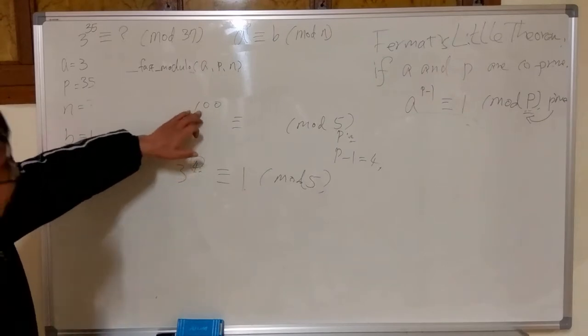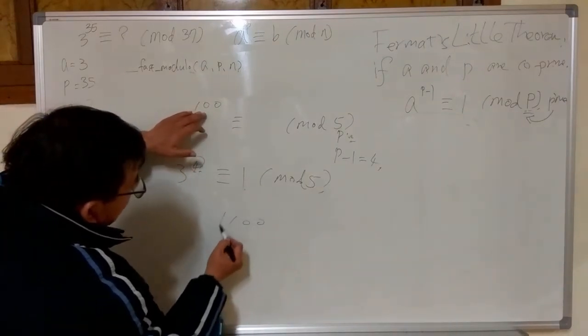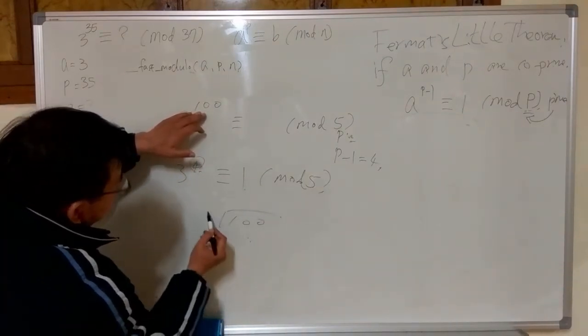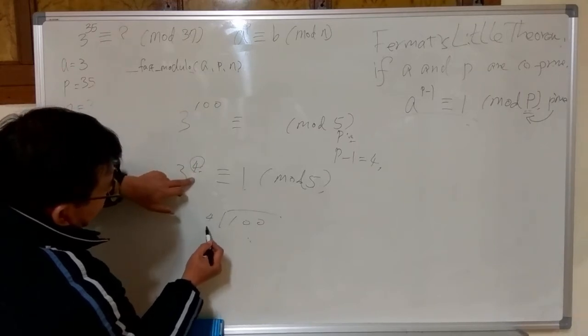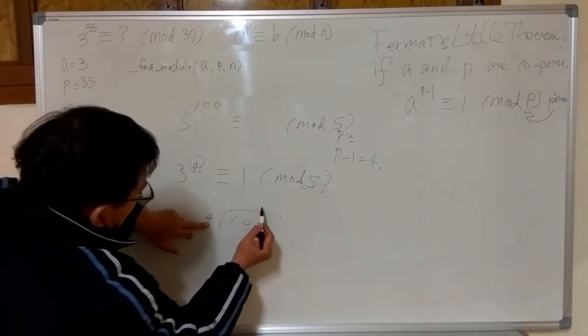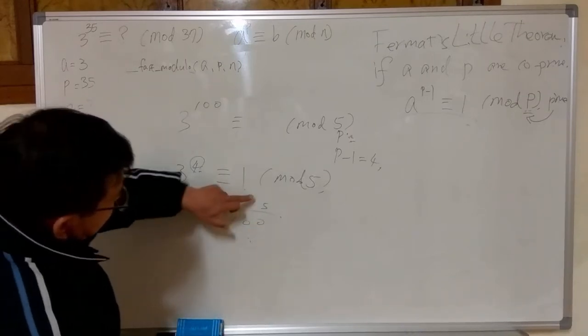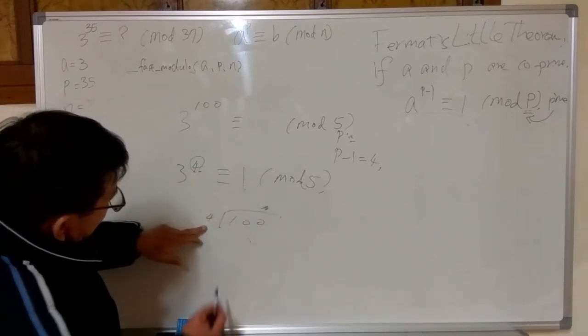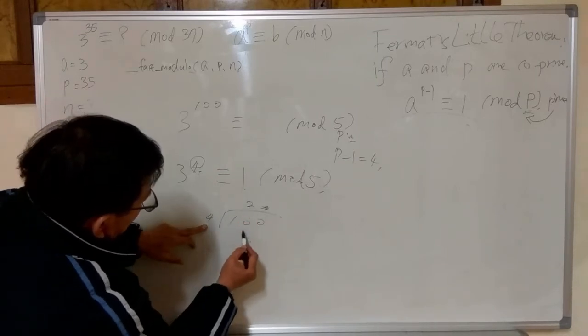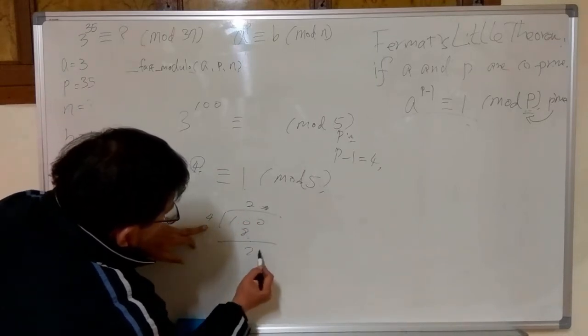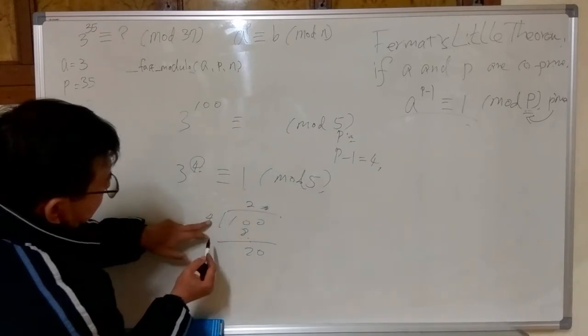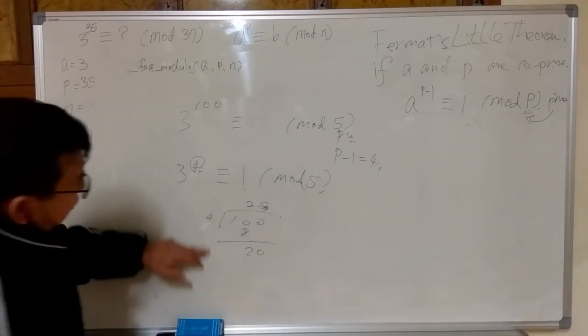Okay? So in case of 100, we can say 4 times 25, right?